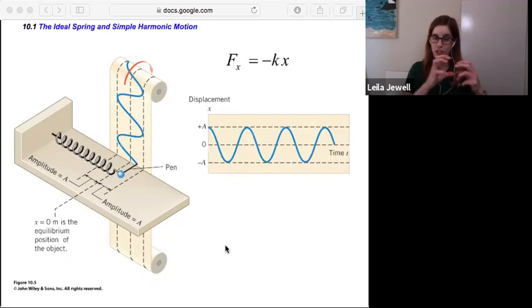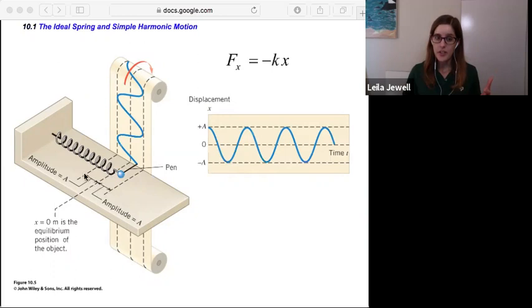So we could stretch the spring out to point A, and then if we released it, it would immediately start to move and it would reach its equilibrium place where it wants to be, but because it's moving, it's going to keep moving and overshoot that equilibrium until it reaches negative A. Equal distance, but on the opposite side of the equilibrium point, right?